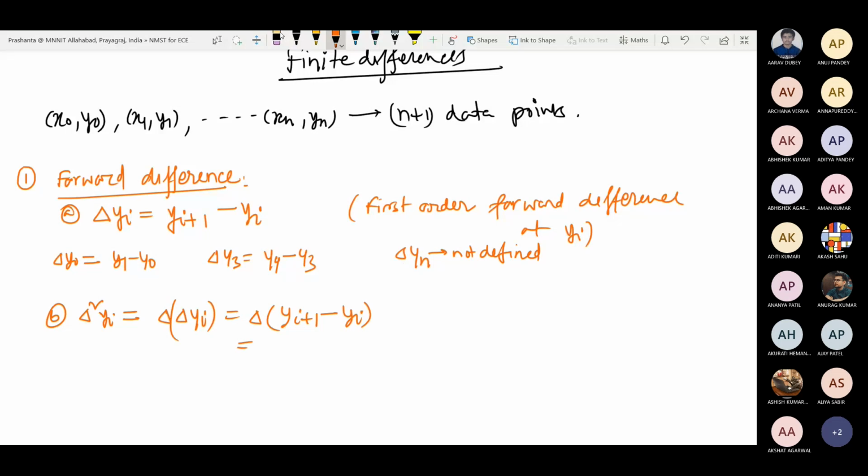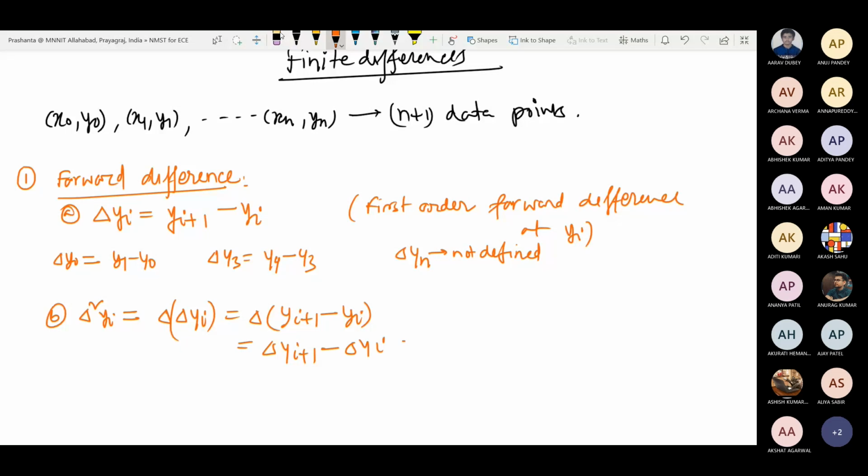So this operator, the property is that it is linear, so you can take the forward difference separately. So delta yi plus 1, because it is the notation we are using. At the time of definition, we are telling that it is linear. So delta yi plus 1 minus delta yi.